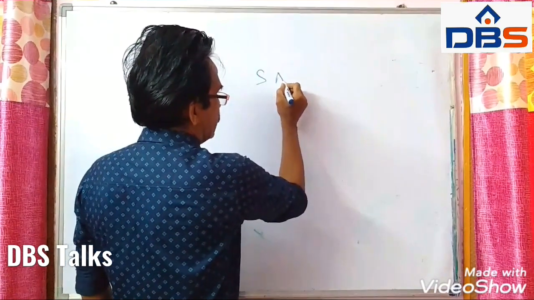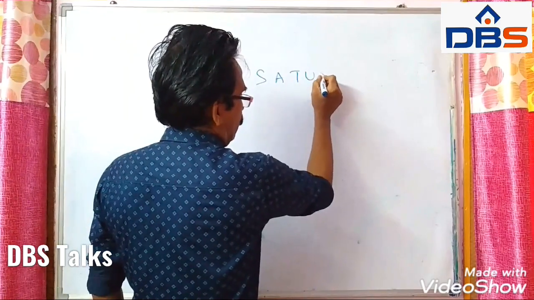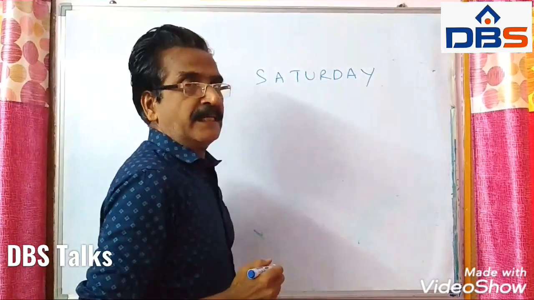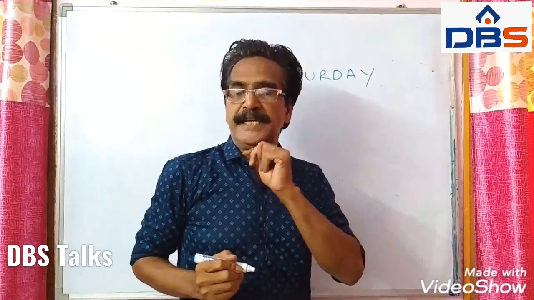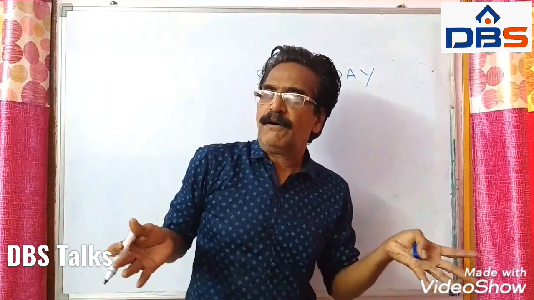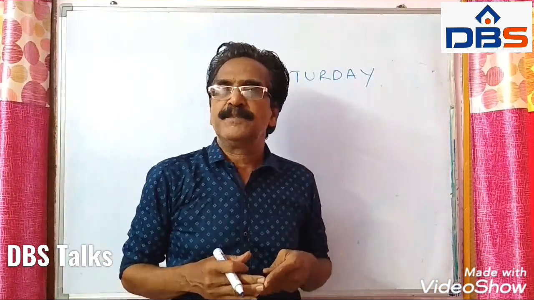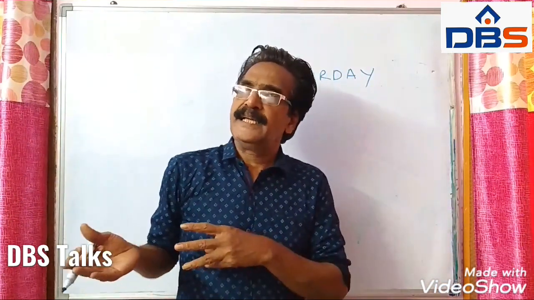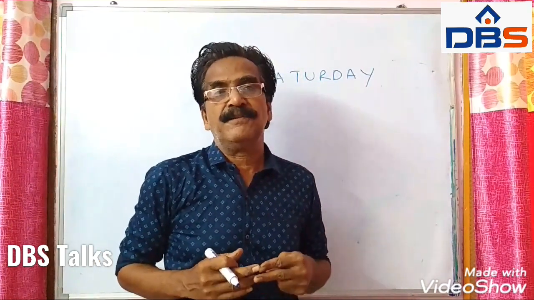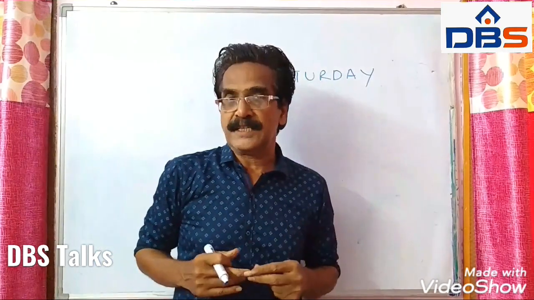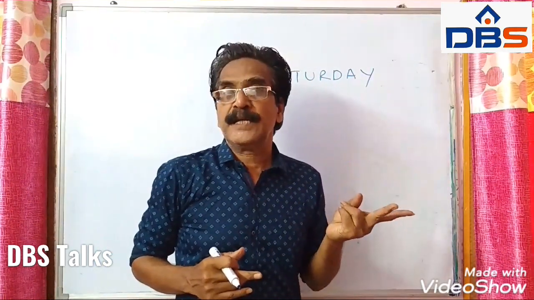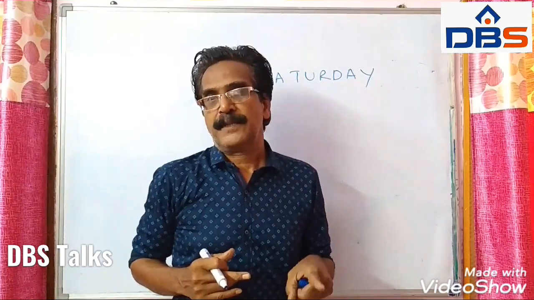For example, if you take Saturday, here we have 2 A's, that is 2 similar things. If all the n things are different, then the number of ways is n factorial. If p things are similar of one kind in the given n things, then the number of permutations is n factorial by p factorial.